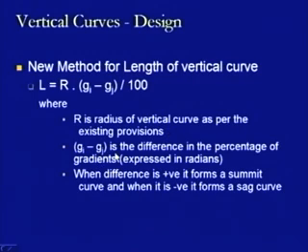G i minus G j is the difference in the percentage of gradients, and 100 is used to convert this value into radians. When the difference is positive, it forms a summit curve, and when this difference is negative, it forms a sag curve. This is how we can identify whether it is a summit curve or a sag curve. So, this is a new method by which we can compute the value.